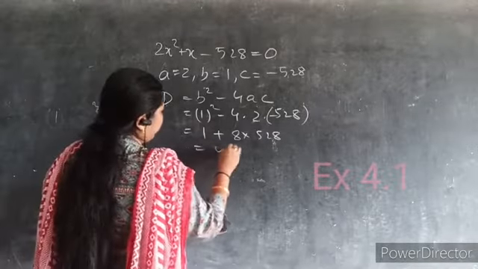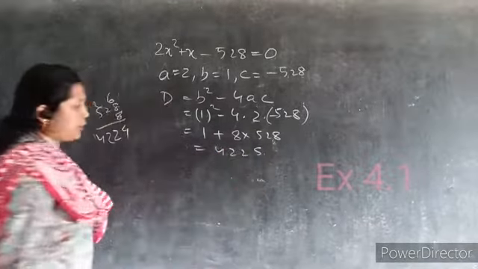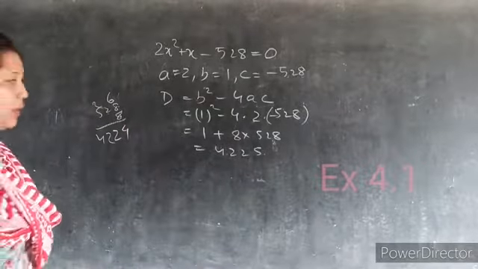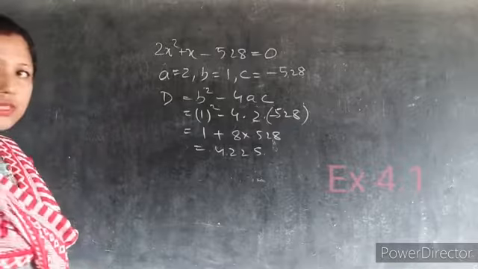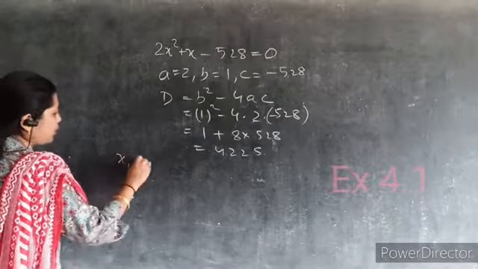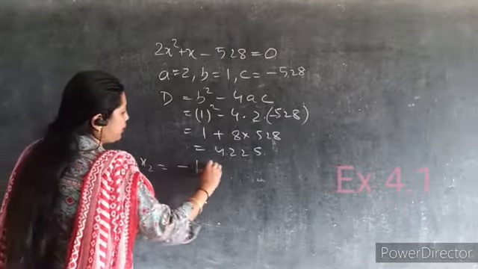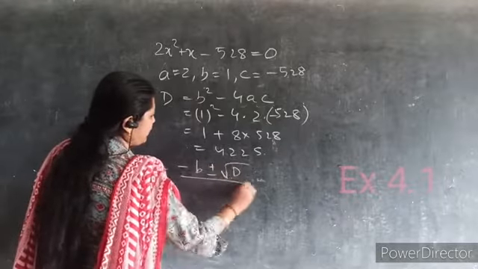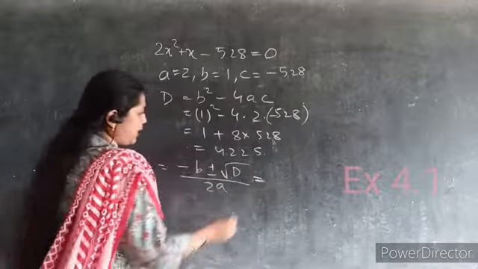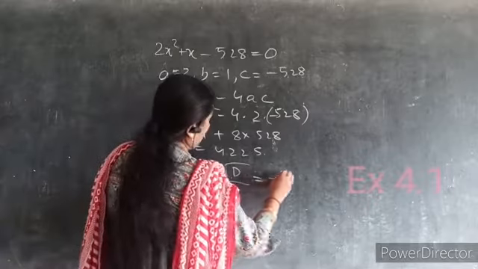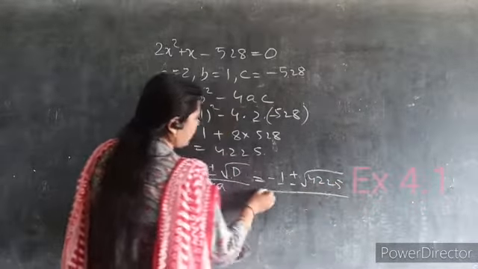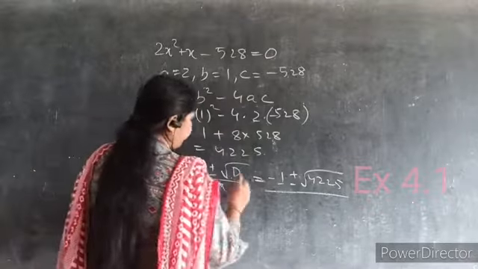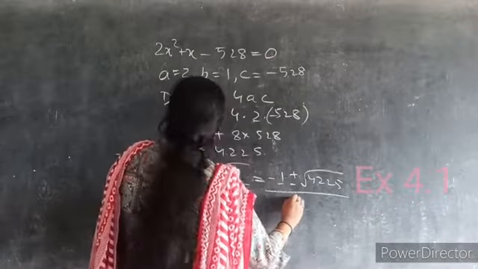So we will be getting 4225. Okay. So now we have to find the roots. Okay. That is x equals minus b plus minus root over d divided by twice a. That is minus 1 plus minus root over 4225 divided by 4.